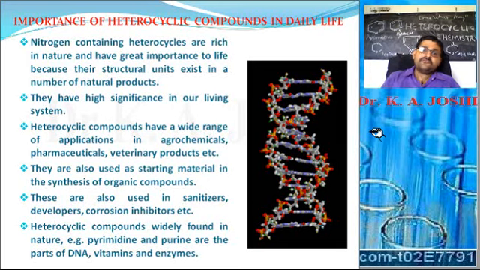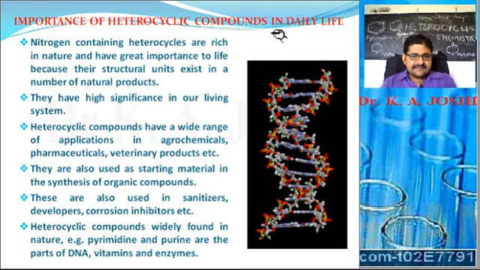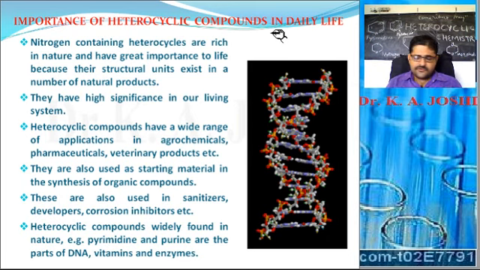Now, the importance of heterocyclic compounds in daily life. Friends, look at the figure. Nitrogen containing heterocycles are rich in nature and have great importance to life because their structural unit exists in a number of natural products. You know very well purines and pyrimidines are all nitrogen containing heterocycles.